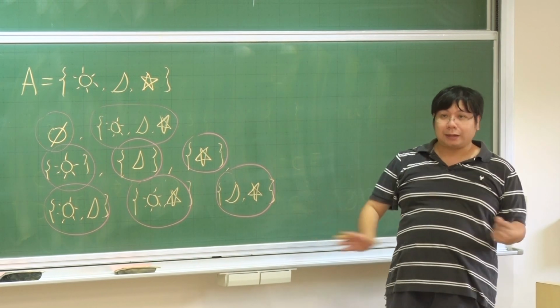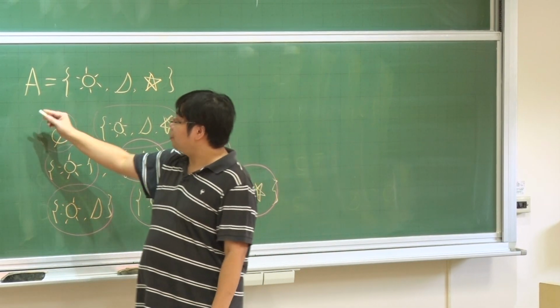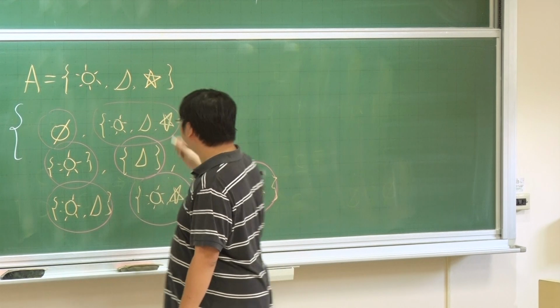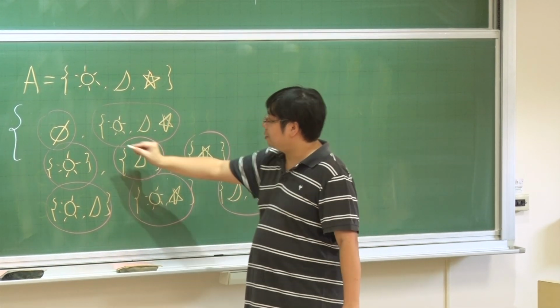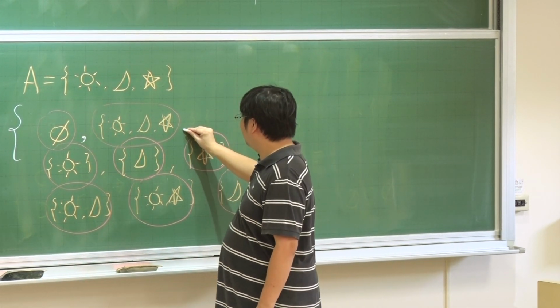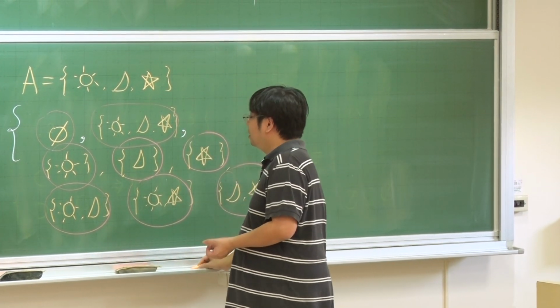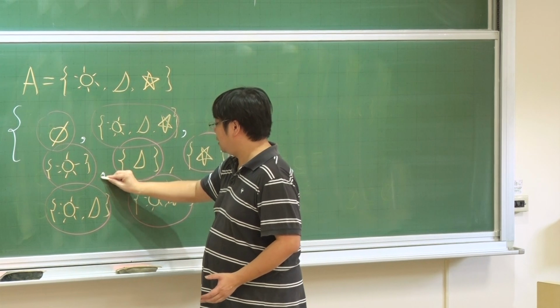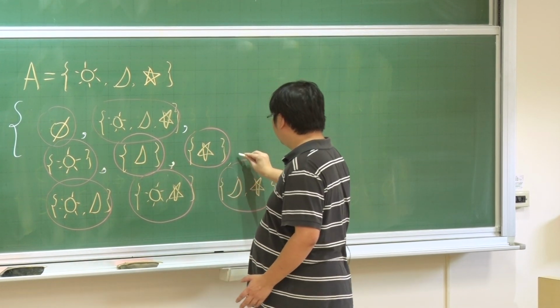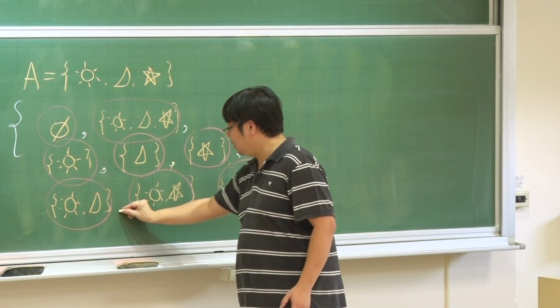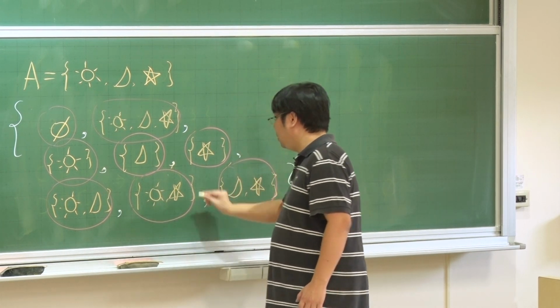If you put them together into a set, you separate them by a comma. I missed the brace here. A comma, a comma, here, a comma, and a comma.